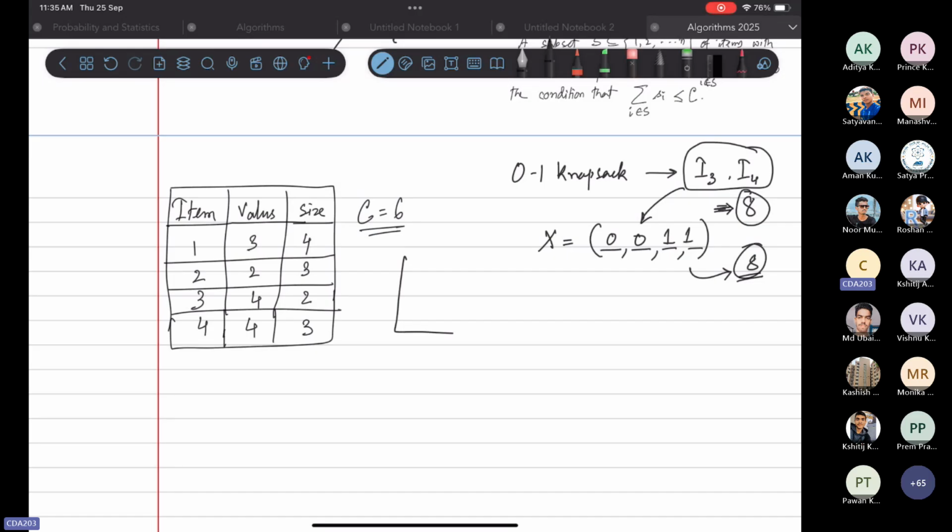My capacity of this knapsack is 6 unit, but I have filled so far 5 unit of it. But there's still an option of taking 1 unit. Now I can take some fraction of item 1 and item 2.